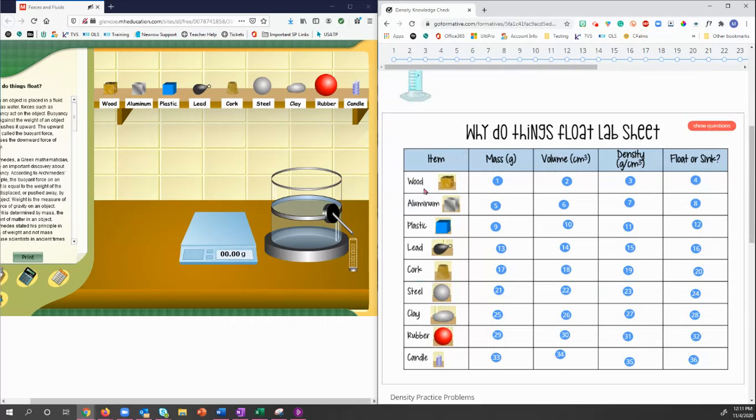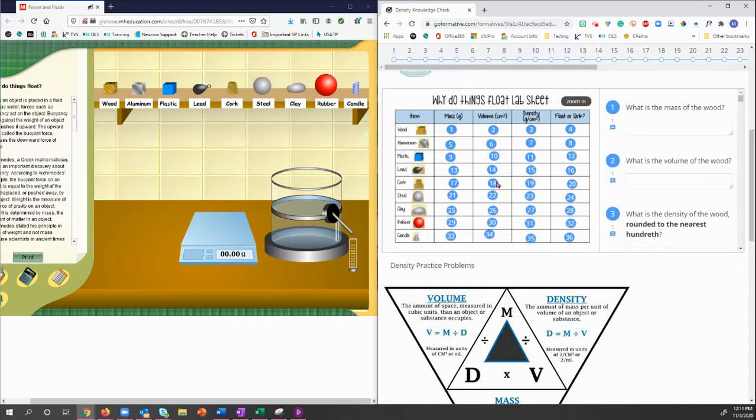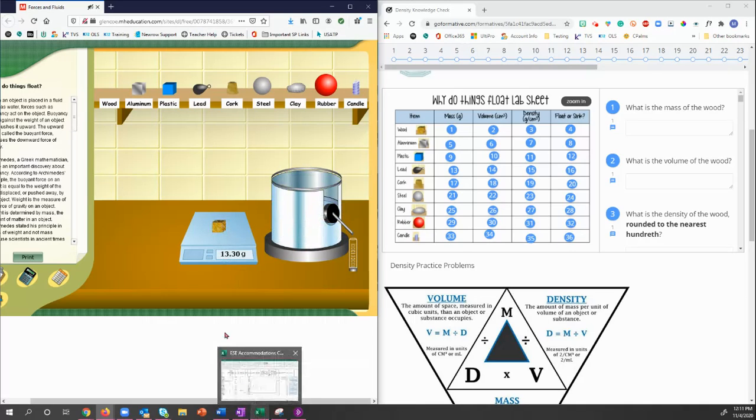So you're going to need to find your wood item. Question 1 is asking me to come up with the mass of the wood. The way I'm going to do that is take my wood block and put it on the scale here. It tells me on the scale that my mass is 13.30.